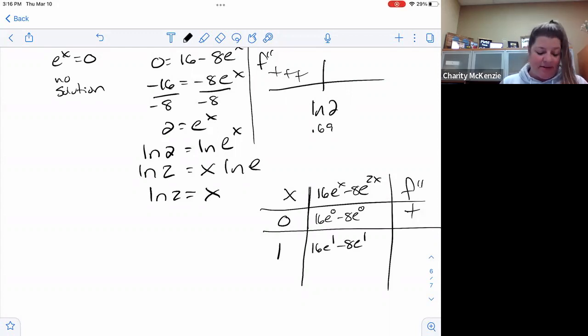I have to use the calculator for that one. e to the 0 is 1, so that other one was easier. So 16, and then e to the 1 is like 2.6 something, minus 8 times another e to the 1. I get about 21-ish. So I got positive.